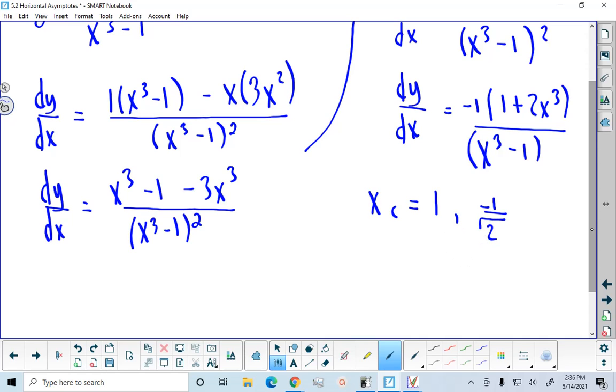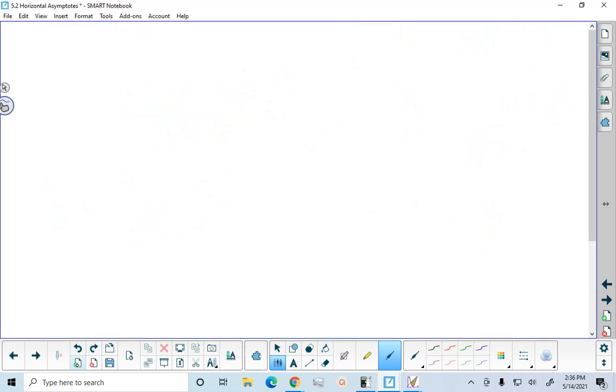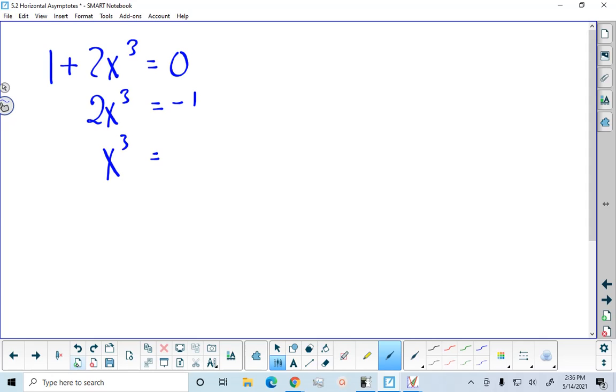And let me explain my reasoning there. In the numerator, you have 1 plus 2x cubed equals 0 is what we're thinking, which means 2x cubed equals -1, which means x cubed equals -1 over 2.